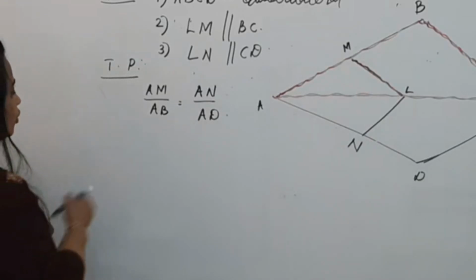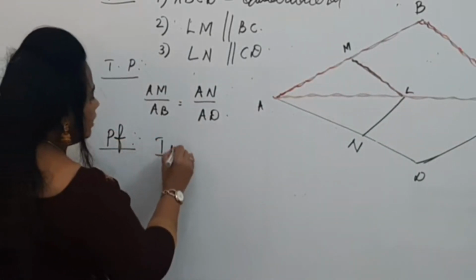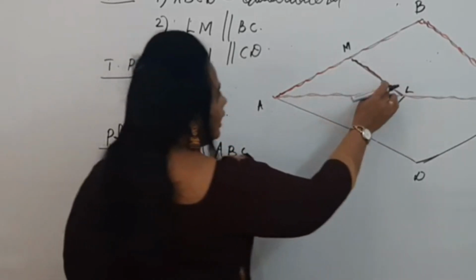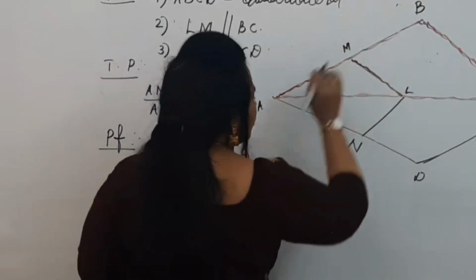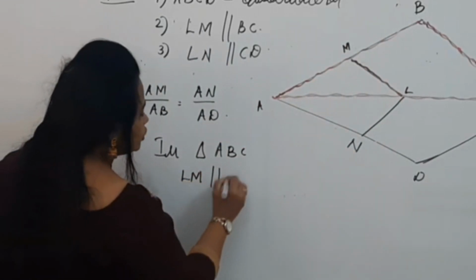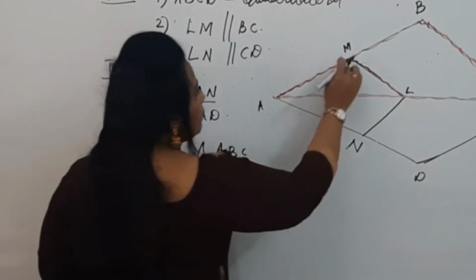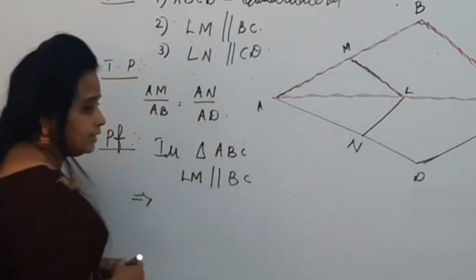So I will go for the proof in triangle ABC. I can say that LM is parallel to BC. That means my ratios are equal. So LM is parallel to BC implies AM by MB is equal to AL by LC.